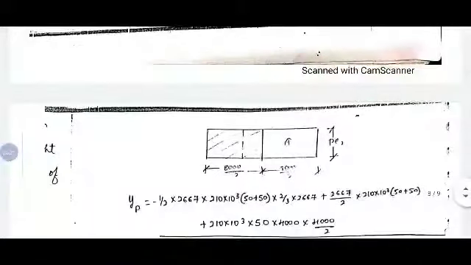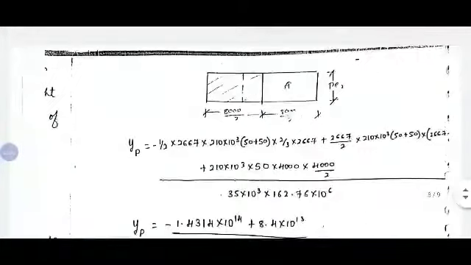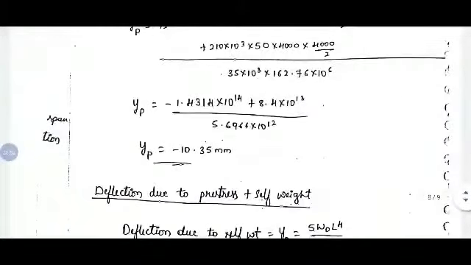Here half of the rectangle we are considering, into 210 into 10 power 3 into 50 plus 50 into 2667 plus 2667 by 4, that will be the centroidal distance. And for this plus 210 into 10 power 3 into 50 into 4000, that is span, into 4000 by 2, divided by EI values. On simplifying we will get minus 10.35 mm. So that will be the deflection due to prestressing force.